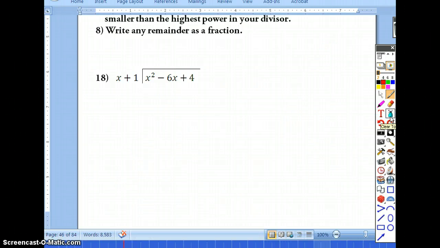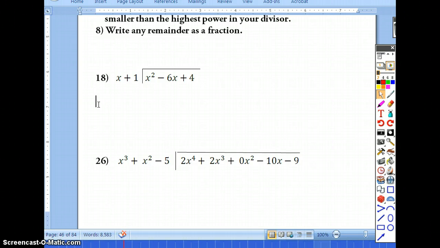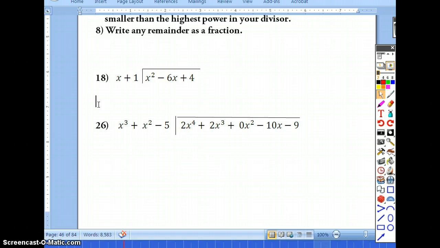Okay, so let's take a look at problem 26. We'll bring that back up. I want you to look at the inside bar for problem 26. You'll notice there's a 0x squared there.